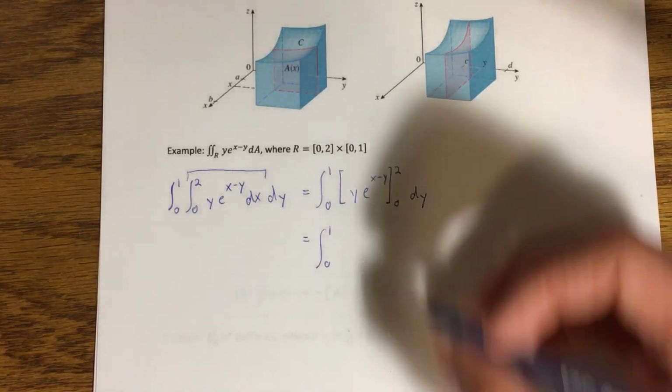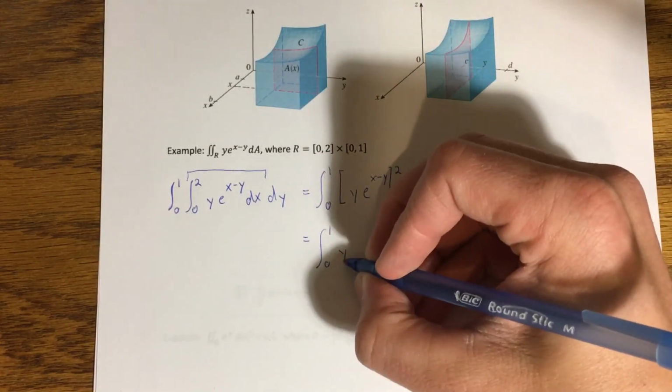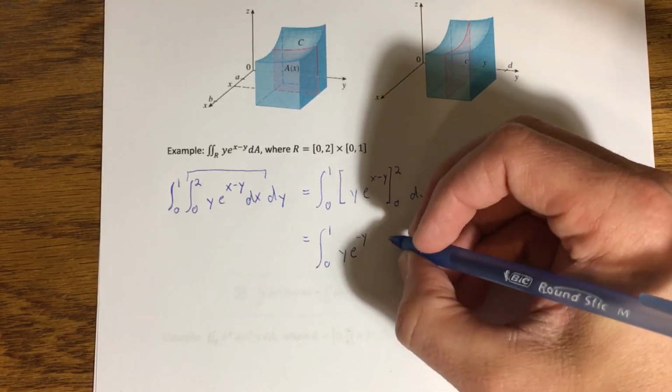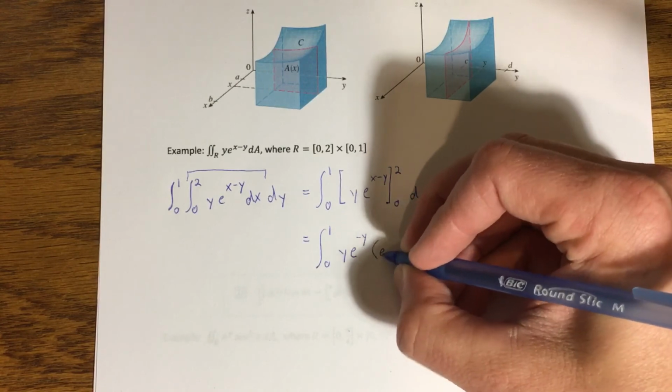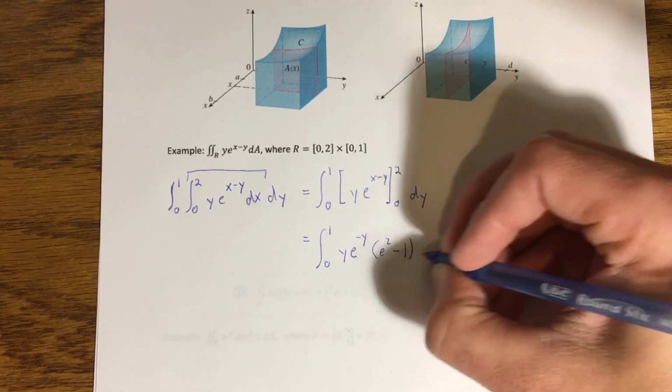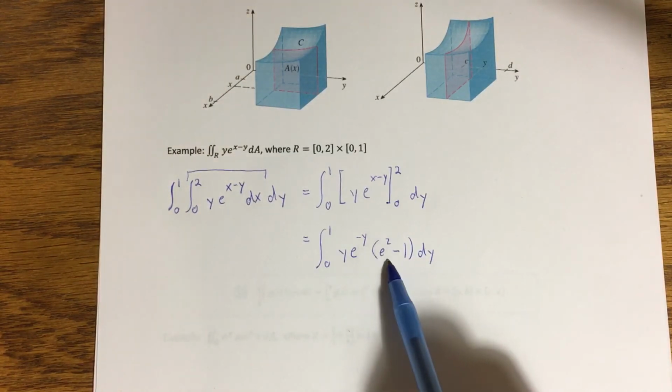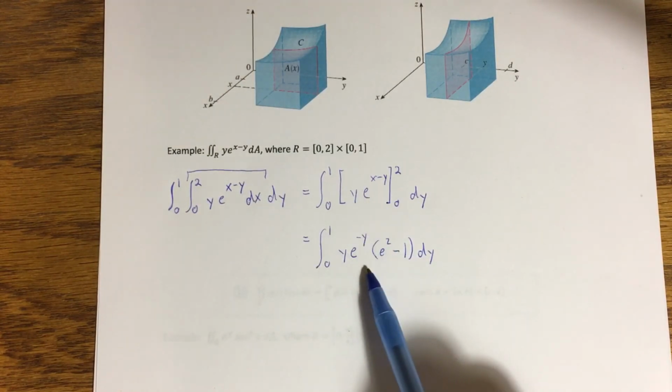So I'm going to just go straight to what it looks like after simplifying: y e to the negative y times e squared minus 1 dy. Takes a little bit of work to get to this, but you should be able to fill in the gaps here.